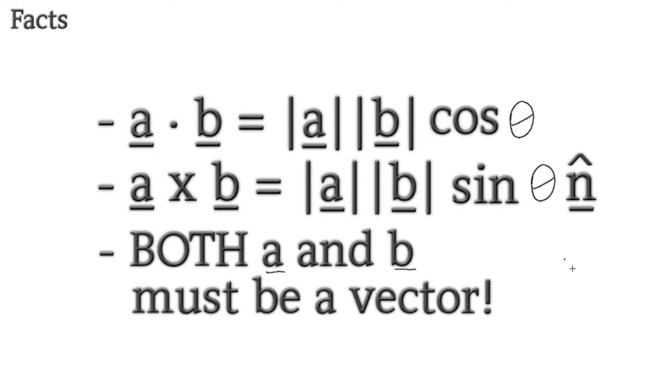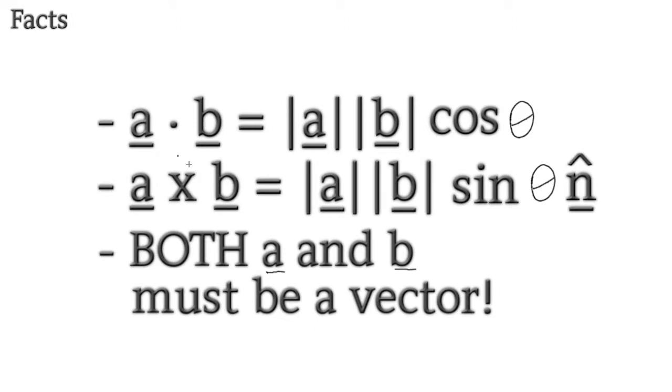This only works with both a and b being vectors. If they are not vectors, say a is a constant, then a dot b or a cross b will have no meaning in any sense, because you must do them between two vectors.